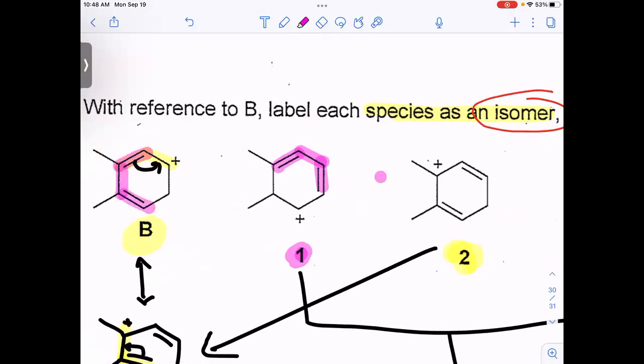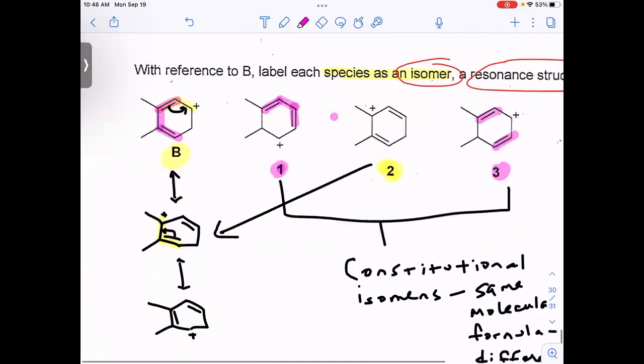You see it in B and in 1, but where the plus charge is in 1, it doesn't match B or any of the resonance forms. So it has to be an isomer, if that makes sense. That's why we drew the resonance forms first, so we could rule out what was and wasn't, and then go back and discuss the difference between an isomer and a resonance form.